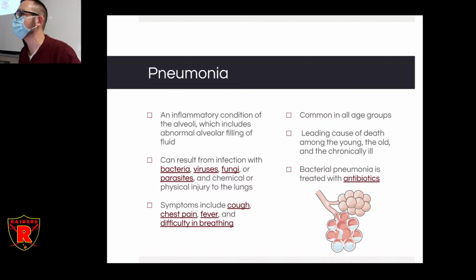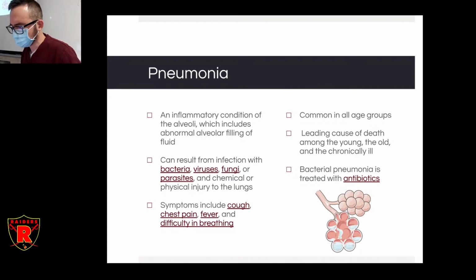So what causes pneumonia? Again, just like bronchitis, anything that irritates your alveoli. Bacteria is the most common, bacteria and viral infections. Fungal infections, not as common in humans. We do get them. There are some fungal infections that cause pneumonia, but not very many. Usually the fungal ones are for people that have a depressed immune system for some reason, because we're usually pretty good at managing fungus in the respiratory system.